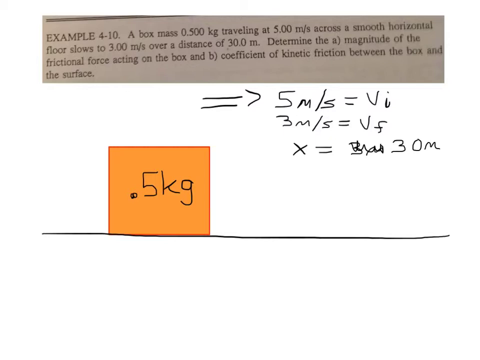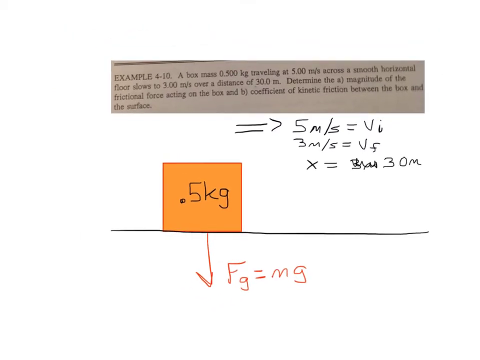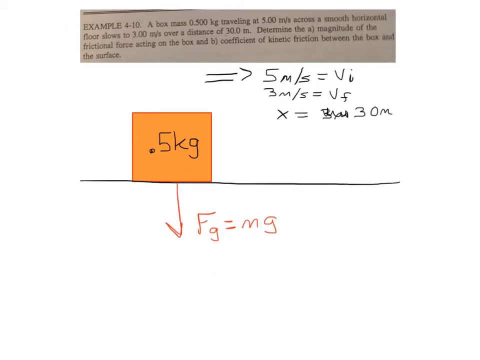So we start by drawing all the forces acting on the box. So we have a force of gravity pushing down. And the force of gravity is always mass times gravity, which we actually know. We know the mass is 0.5 kilograms and the gravity is 9.81.